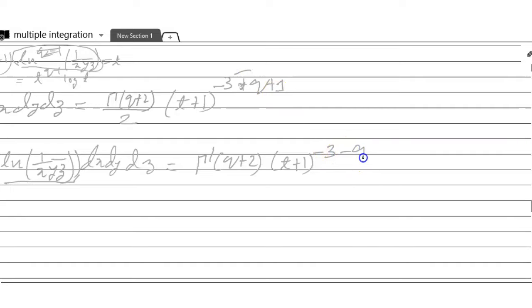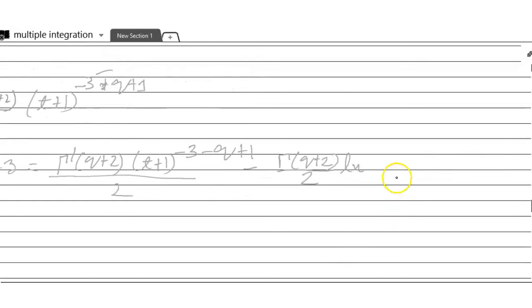This is the minus 3 minus q plus 1 divided by 2, successive derivative, okay, and minus gamma q plus 2 divided by 2 ln t plus 1 into t plus 1 to the power minus 3, minus q plus 1. Okay friends, I hope I can clear.